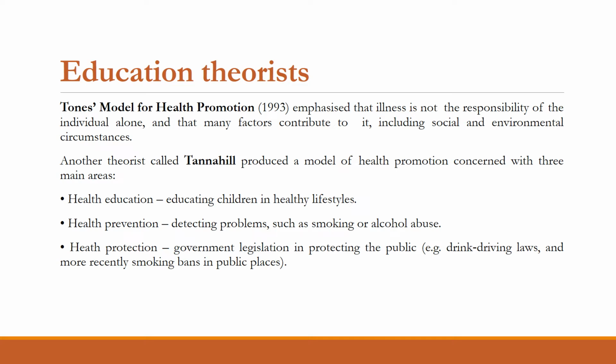First is health education, that is educating the children in healthy lifestyles. Then health prevention, that is detecting problems such as smoking or alcohol abuse. Then health protection, government legislation in protecting the public health, like drink driving laws and more recently smoking bans in public places.